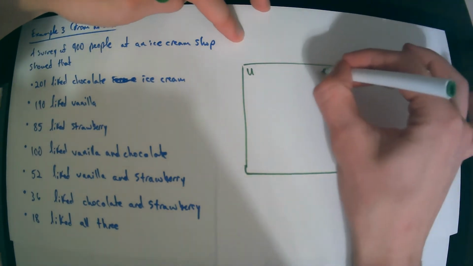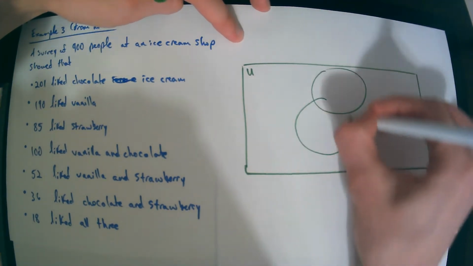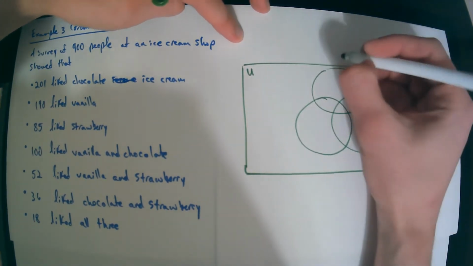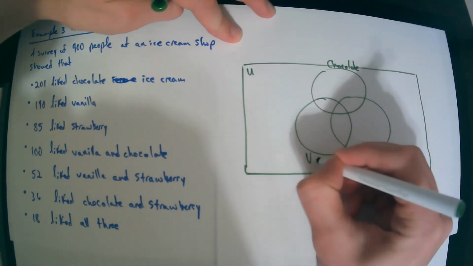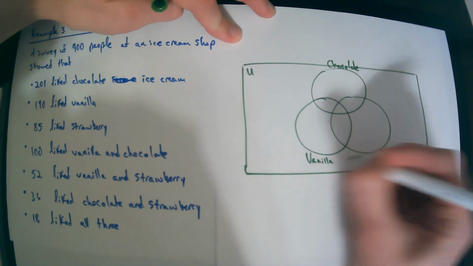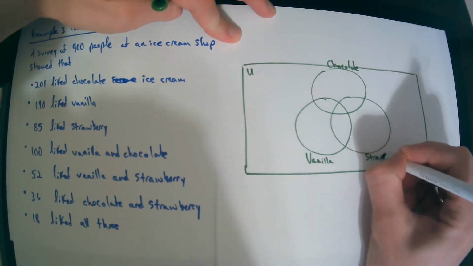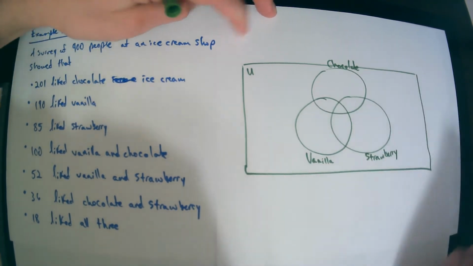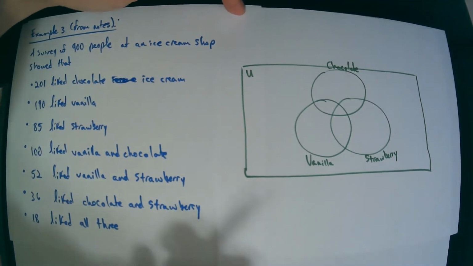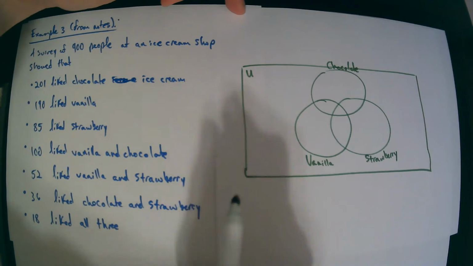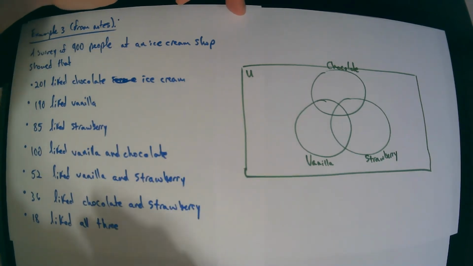Then let's say that this is chocolate up here, vanilla, and strawberry.